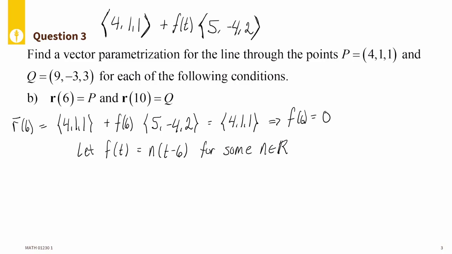Six minus 6 is 0, so let f of t be t minus 6 times some number n. Right. We'll use the R of 10 condition to find that n.